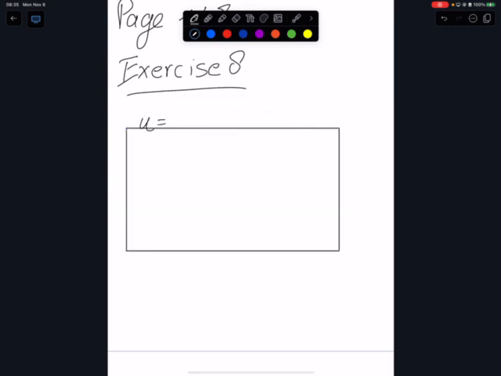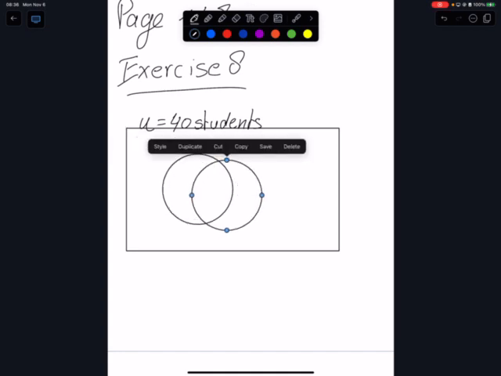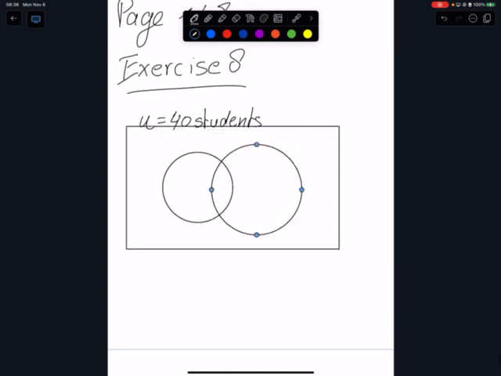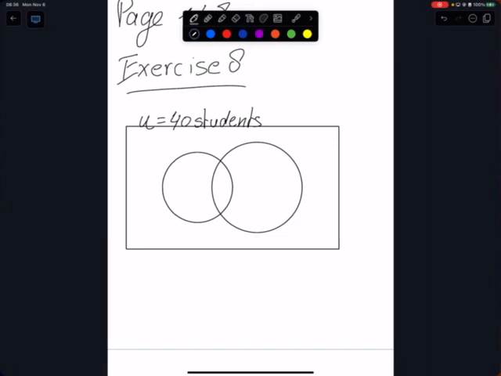So the U represents those 40 students. "27 collect American stamps." So we place 27 here. American stamps.